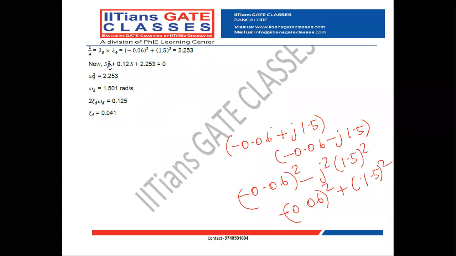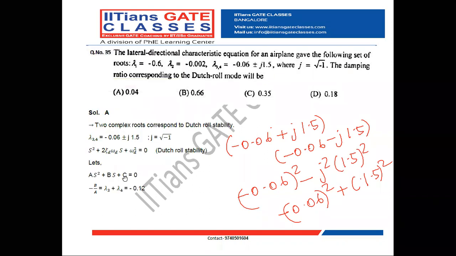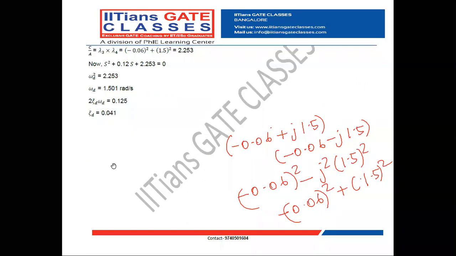2.253. So when I substitute, my characteristic equation becomes s square plus 0.12 into s plus 2.253 equal to 0. Okay, this is my characteristic equation. When I compare this equation with the standard one, I get omega d square equal to 2.253.